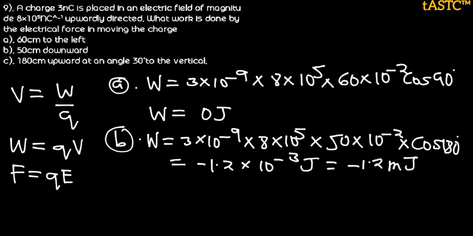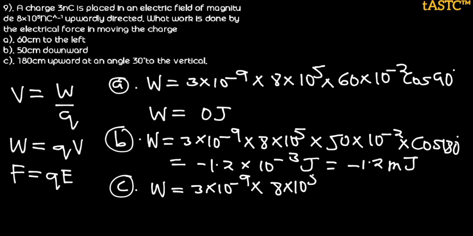Now finally, we need to find the work done in a case where we got 30 degrees to the vertical. That is 180 cm. So this should be 3 multiplied by 10 to the negative 9, multiplied by 8 multiplied by 10 to the 5th, and this is multiplied by 180 by 10 to the negative 2. We know this should be cosine 30.